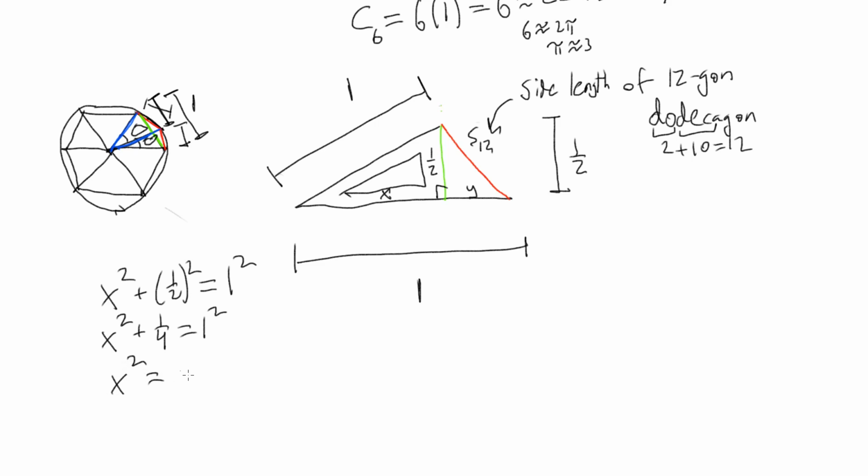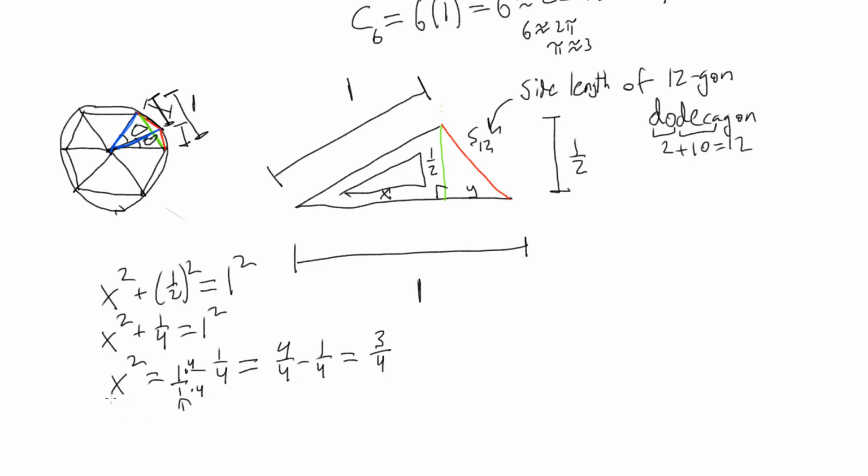So x squared is 1 minus 1/4. And if we treat this as 1/1, I want to get a 4 down here. So I'm going to multiply by 4 on both the numerator and denominator. That's the same as multiplying by a total of 1, which I can do. And so we're going to get 4 over 4 minus 1 over 4. And now that I've got the same denominator, I can subtract straight across on the numerators. We get 3 over 4.